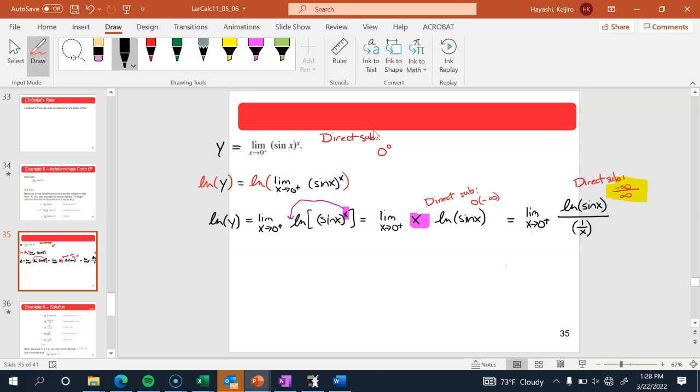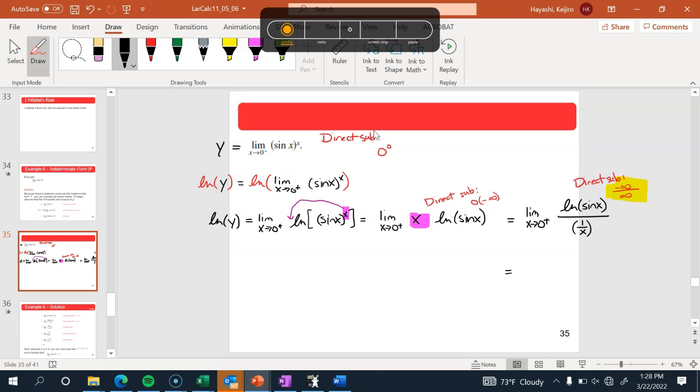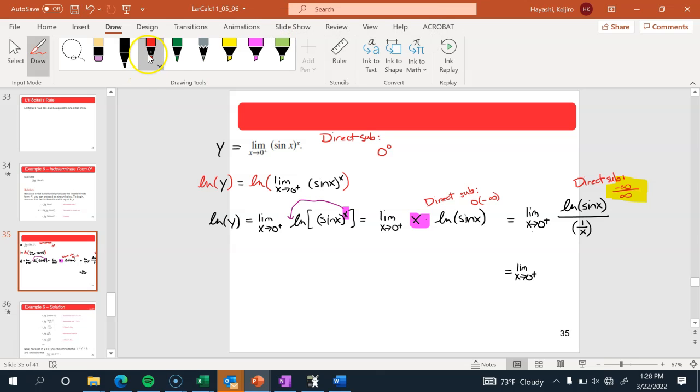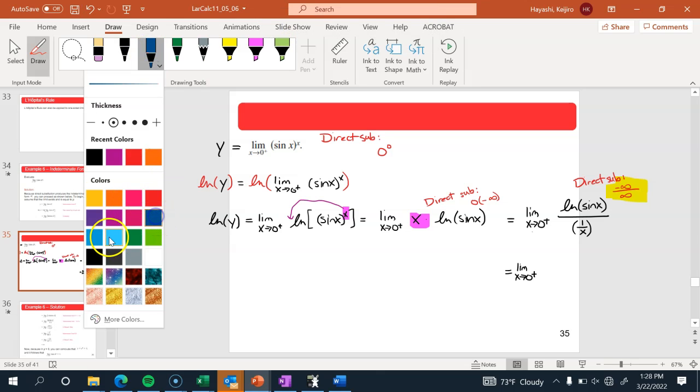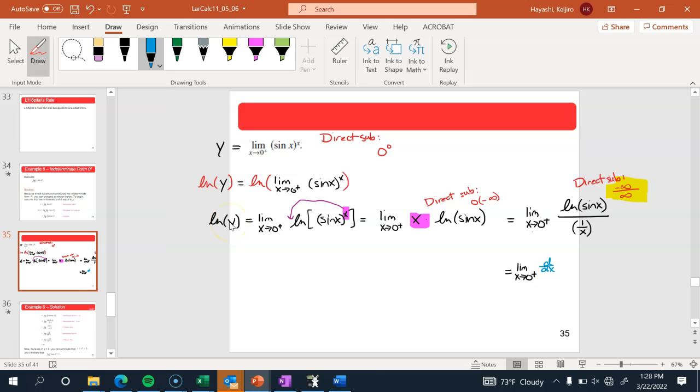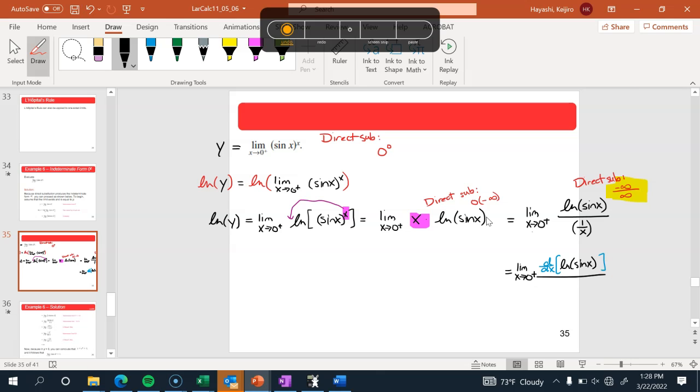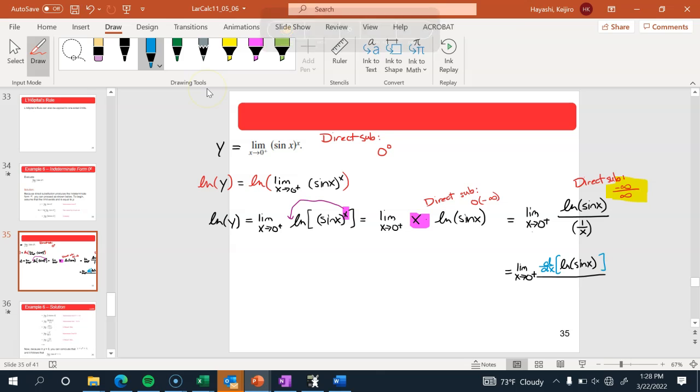So using L'Hopital's rule, this means we'll be taking the derivative of the top and of the bottom. Taking the derivative of the natural log of the sine of x, so the derivative of this composite function on the top and the derivative of 1 over x on the bottom.